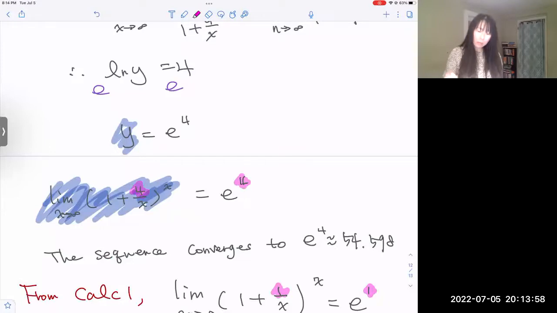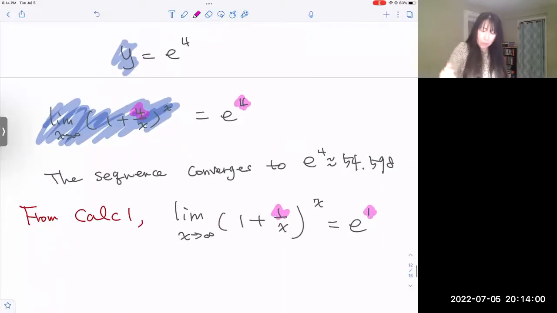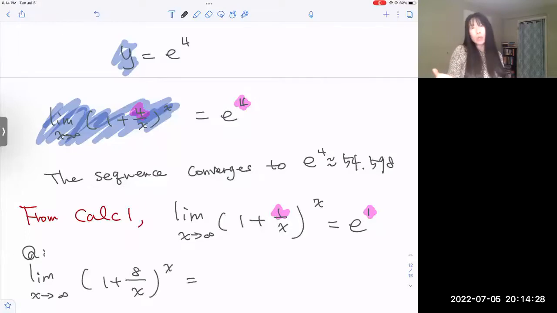So every time we have this form, say the limit as x approaches infinity of (1 + 8/x) to the x power, it will be e to the 8.